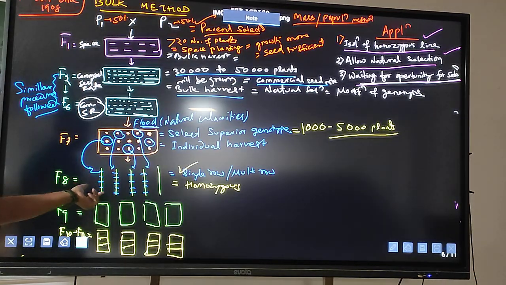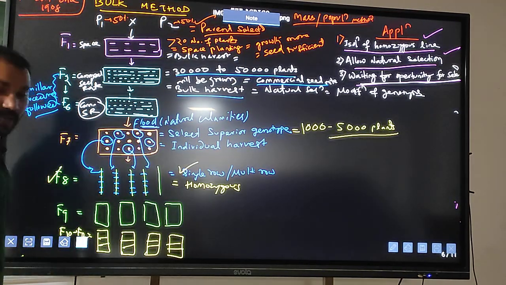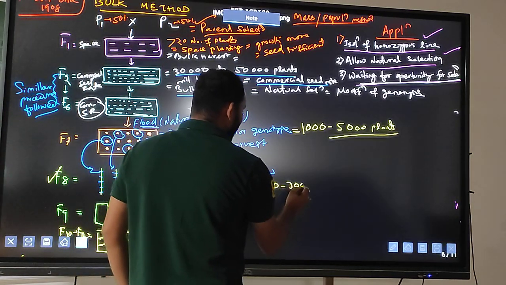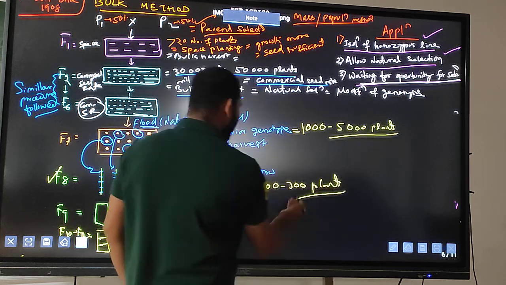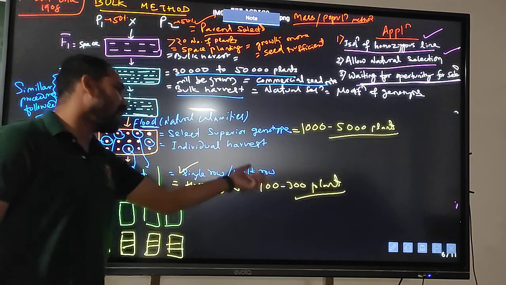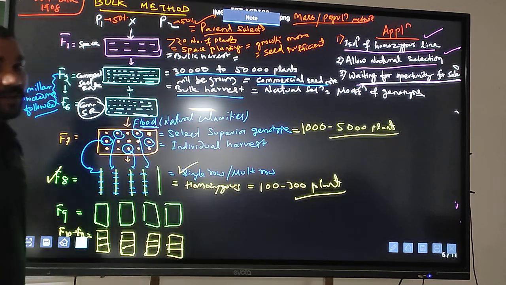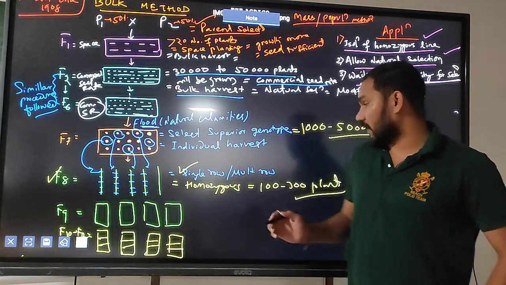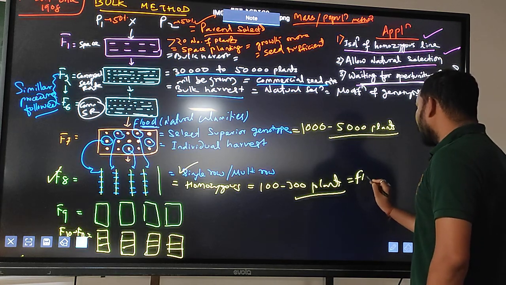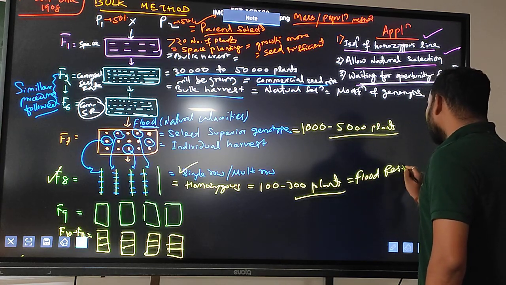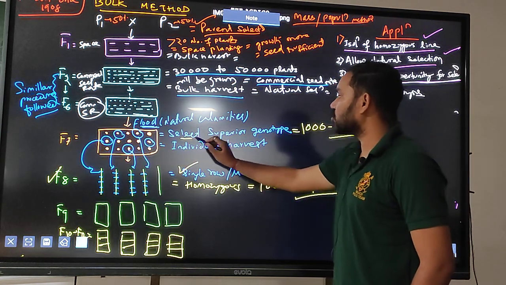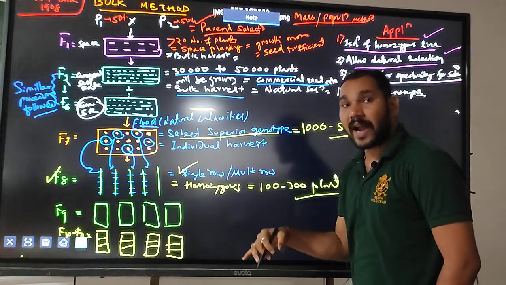Whatever plants I select here in F8 generation, about 100 to 300 plants, are homozygous in nature, which are flood resistant varieties. Now whatever the 100 to 300 plants are there, I know that these are flood resistant varieties. Yes or no? Because superior genotypes are already identified.